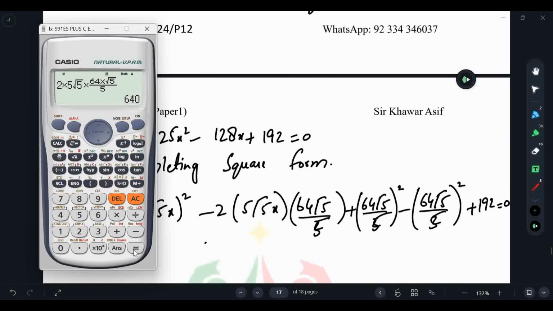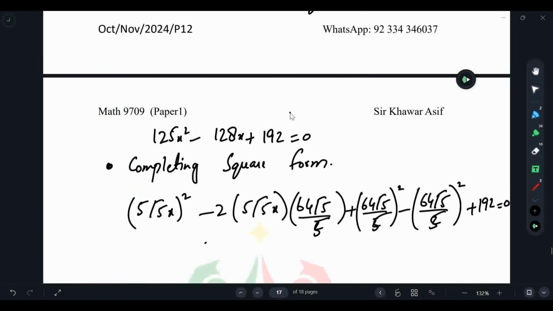This will be 640. Okay, still we are missing something.